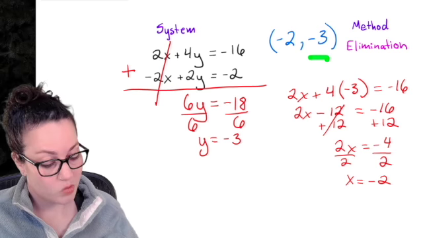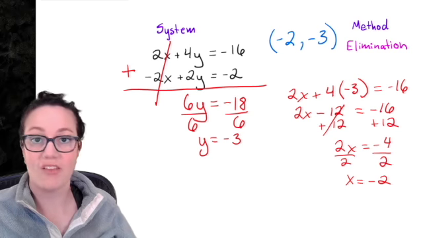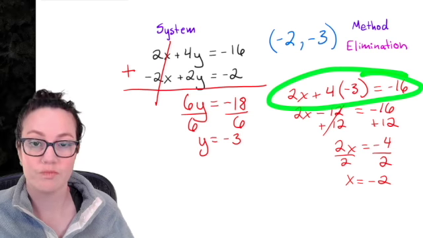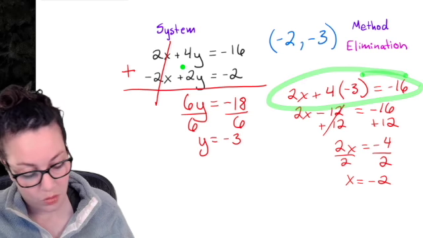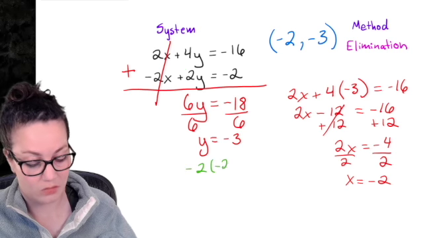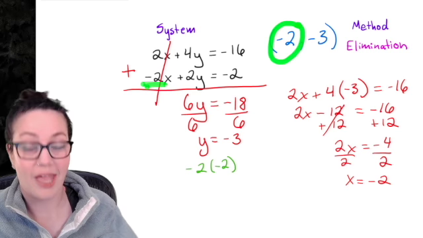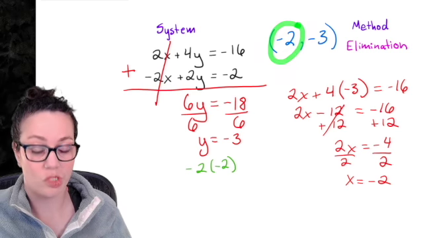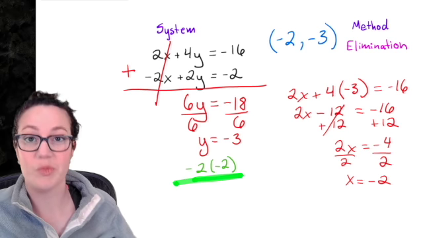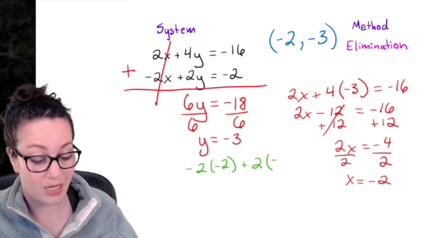To check this, I'm going to plug both of those values in for x and y into the equation that I haven't used yet. So that should say negative 2 times negative 2, because this negative 2 is a coefficient, and then we think x is negative 2 in our solution. So remember, negative 2 is happening twice, but from different places, plus 2 times negative 3.